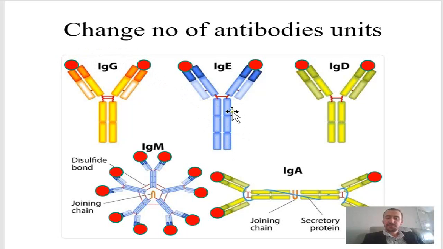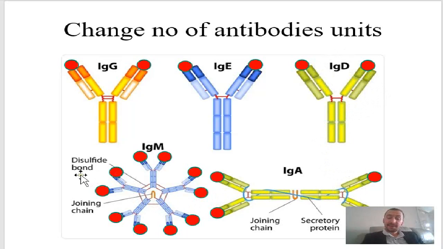IgE has 3 constant regions, as we described before. It's produced as a monomer, and it has the ability to bind to 2 antigens. IgD is part of the immature B cell receptor, and it has the ability to bind to 2 antigens.